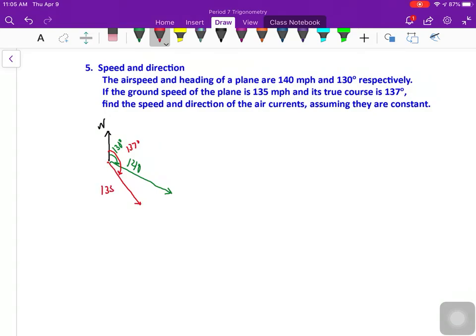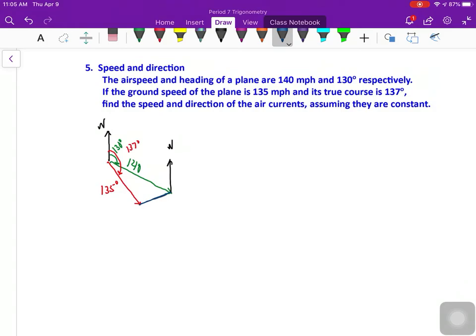And we actually get slowed down a little bit. So I'm going to make it a little bit shorter than the green one. It's only 135. And then they ask us to find the speed and direction of the air currents.